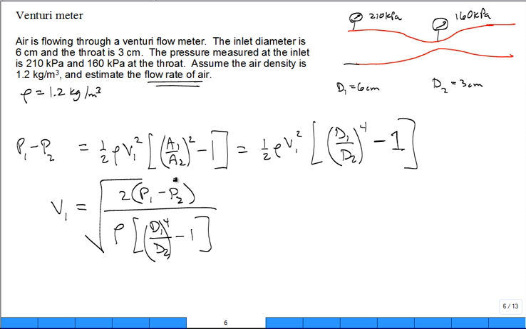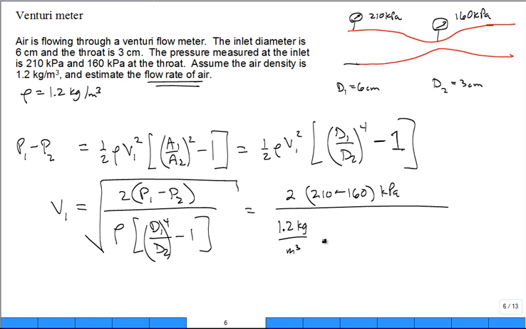Doesn't look pretty, but there it is. Does it make sense? So you could substitute numbers. 210 minus 160 kPa, kilopascal. Density 1.2 kilogram per meter cubed. The diameter centimeters are going to cancel, but you have (6 divided by 3) to the 4th minus 1.